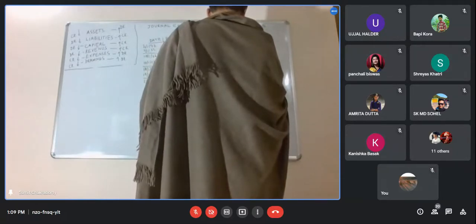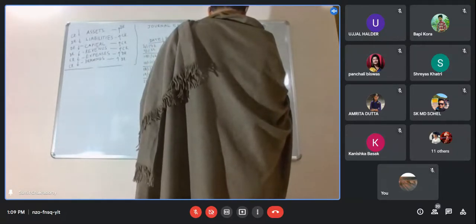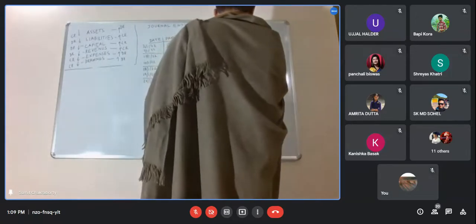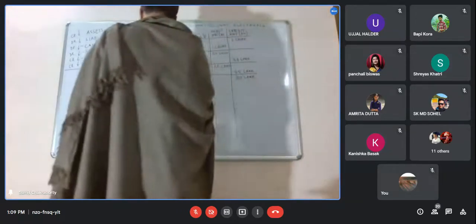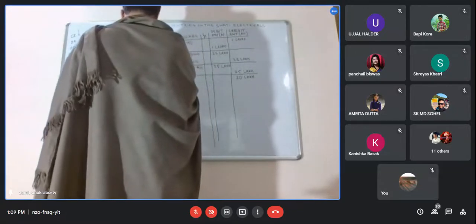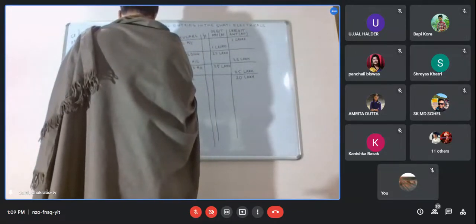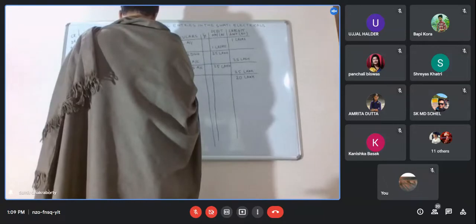20 lakh on credit. So debtor account. When you make sales on credit, it is a debtor account.